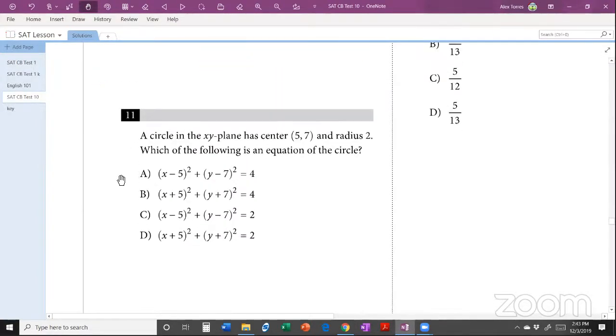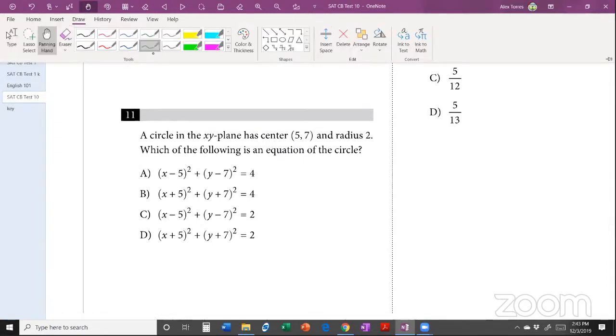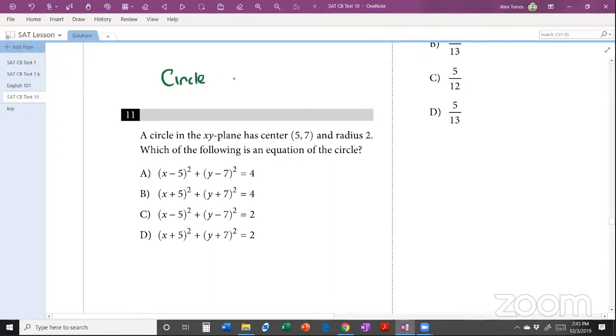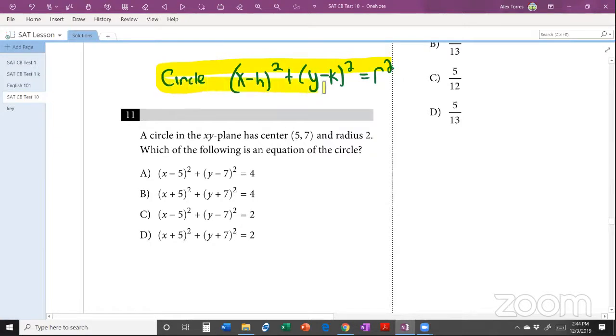Now we're going to 11. So here they're just asking us for the equation of a circle, and you should definitely know this equation by heart. The SAT asks about it often enough. So this is the equation of a circle. x minus h squared plus y minus k squared equals r squared.